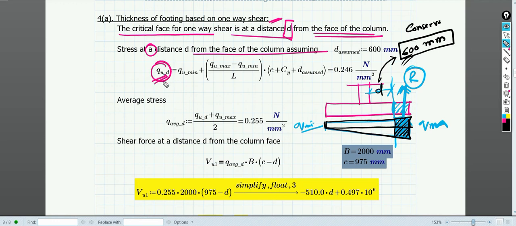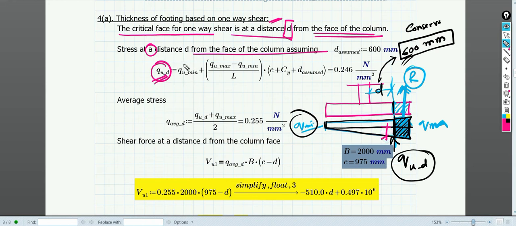And now if I want to find out the stress at this location, suppose this is denoted by QU underscore d, the stress value at this location, QUD. QUD will be how much? QU minimum, this one, plus this extra part, right?